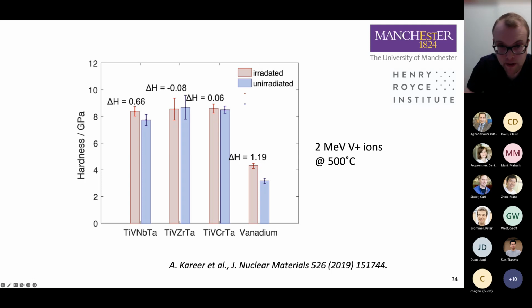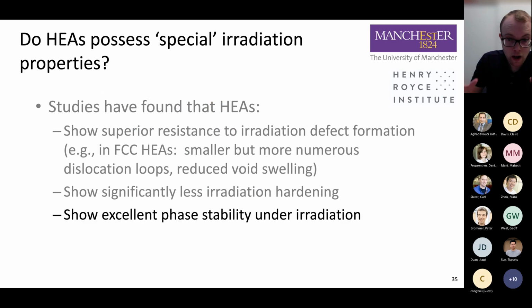So that's an interesting observation. There have also been some claims, and some studies that demonstrate this, that some high-entropy alloys possess excellent phase stability under irradiation. So we irradiate them at temperature and they don't seem to decompose as readily as other alloys.